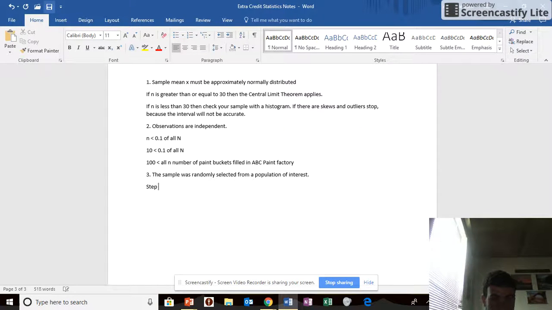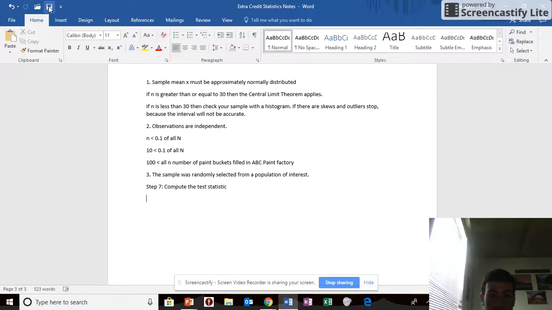So step 7 is you have to compute the test statistic, and for that you should clear your screen and go to stat, scroll over to where it says test, and then scroll down to number 2 where it says t-test.